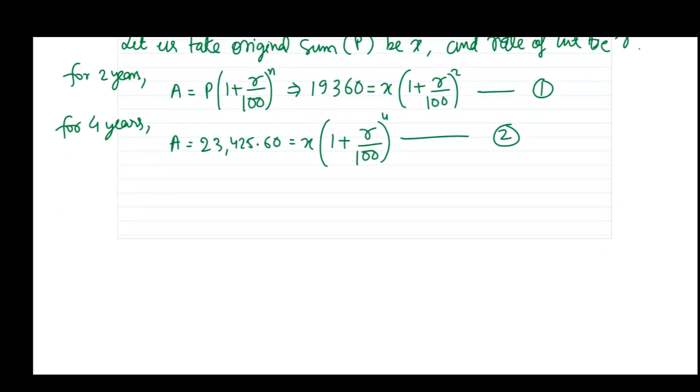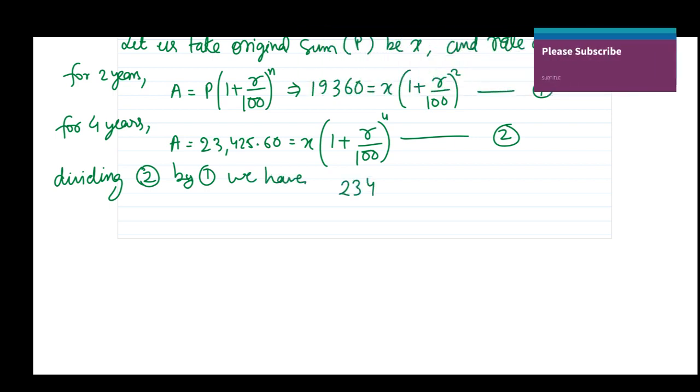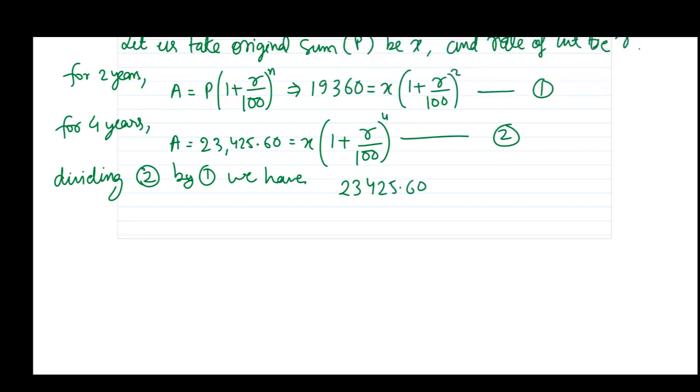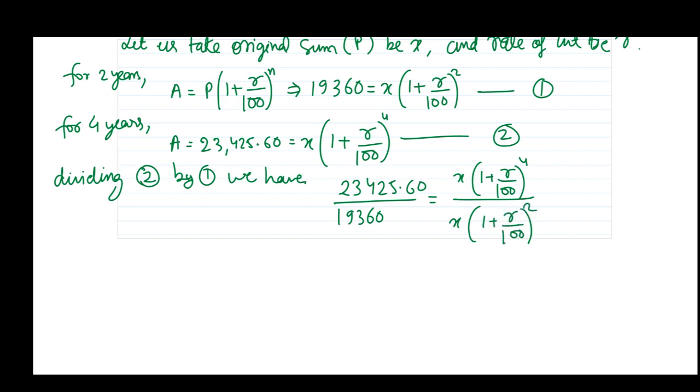So dividing 2 by 1, we have 23,425.60 upon 19,360 is equal to x times (1 plus R over 100) to the power 4 upon x times (1 plus R over 100) to the power 2, and you can see these two x will be cancelled.